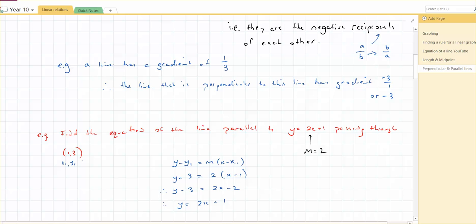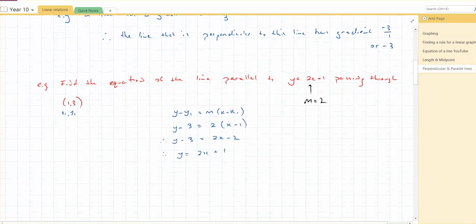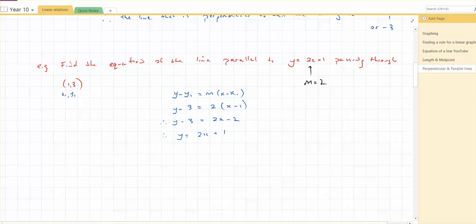Actually (1,3) lies on this line, so that was a terrible point to use, because all we did was find the equation of this exact same line, because (1,3) lies on that line. So that was unfortunate. Okay, the method is sound though. Let's have a look at another example.